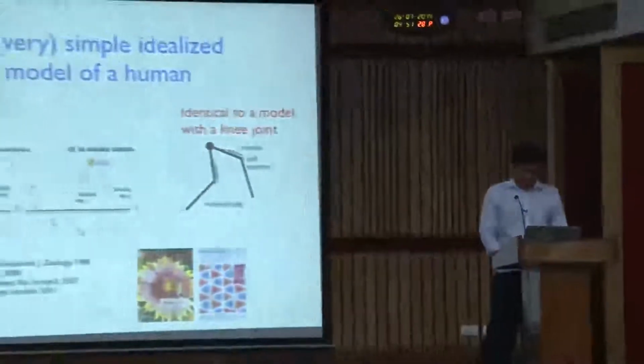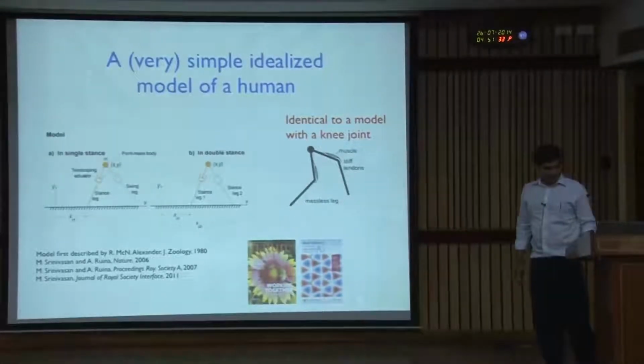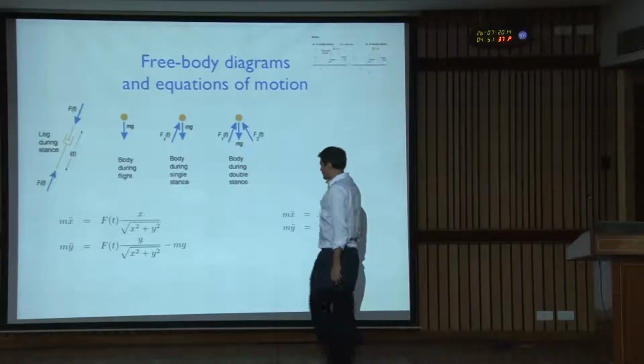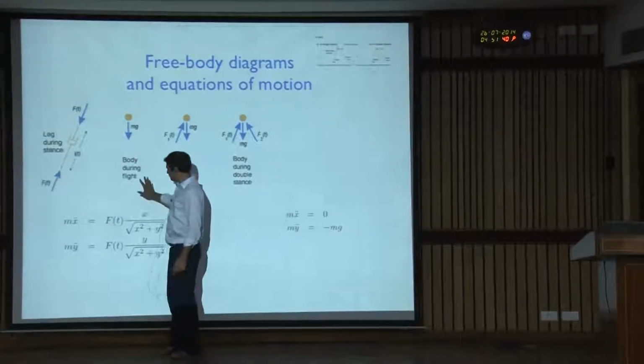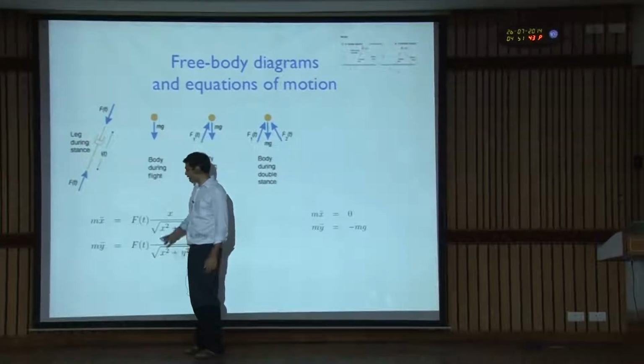The only other thing that maybe I could briefly talk about, but I think we've already talked about this. I was actually going to show the programs for this particular problem, but maybe I'll just describe it in words. This is the problem that I described yesterday, and those are the equations of motion. The model can be in one of two states: either the leg is on the ground or off the ground.